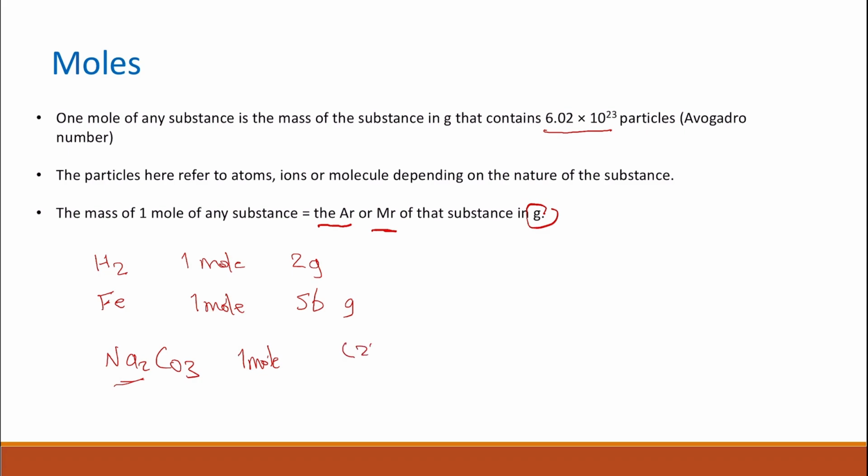So we have 23 times 2, plus the carbon is 12 and we have 1 carbon, plus 3 oxygen, each is 16 as relative atomic mass. So 16 times 3. When you do this, you're going to find that the total is 106. So there are 106 grams of sodium carbonate in 1 mole of sodium carbonate.